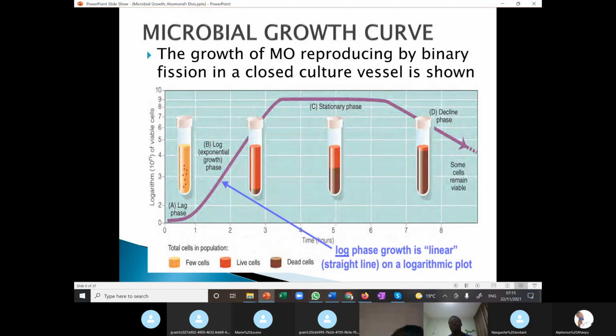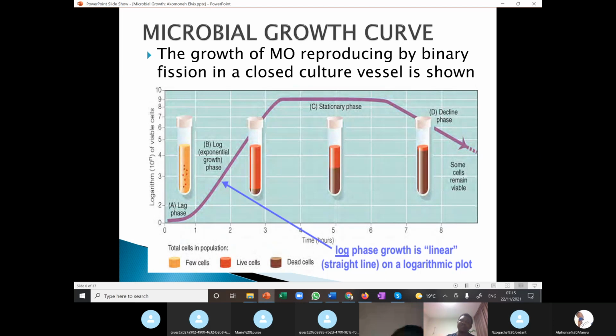By closing, I mean that we don't add more nutrients, we don't remove waste, we don't add oxygen. So we just observe it grow within that constant environment. Observe the changes that occur in the organism within that constant environment.